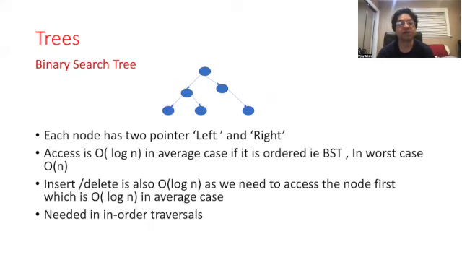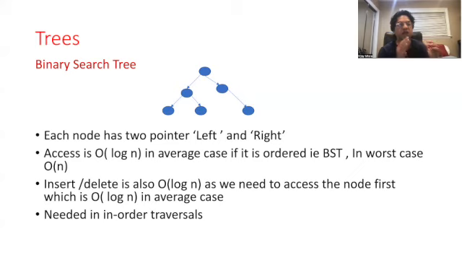Why is it like that? Because you have to go either left or right, and we are assuming that in a binary search tree, all the left nodes are less than the root value, and all the right nodes are more than the root node's value. So in general, you are dividing your search space into half.